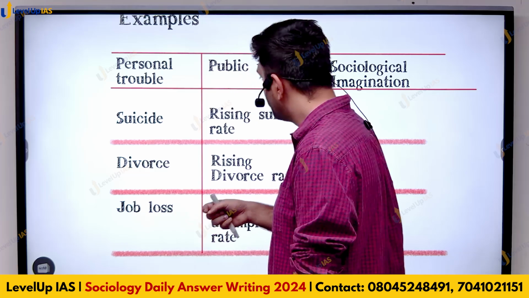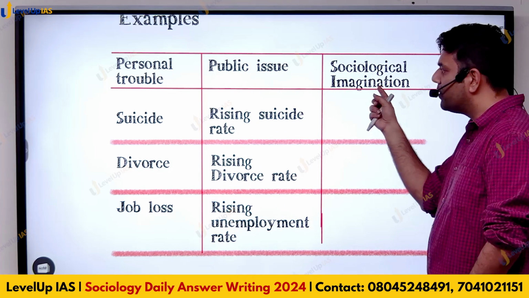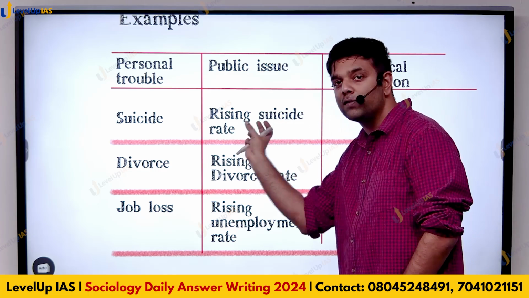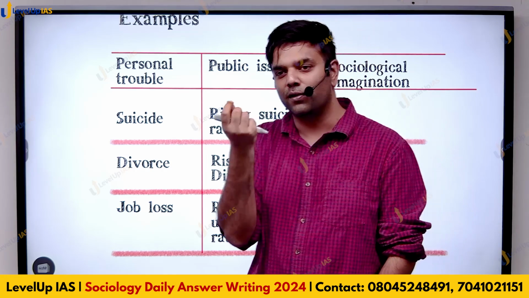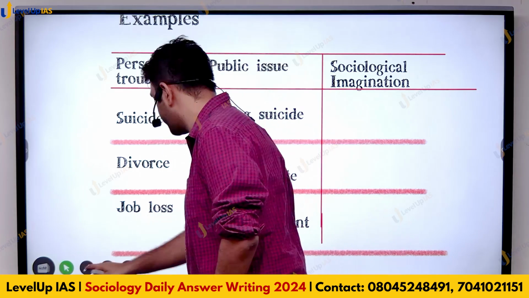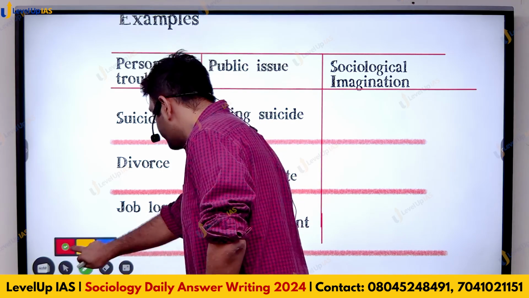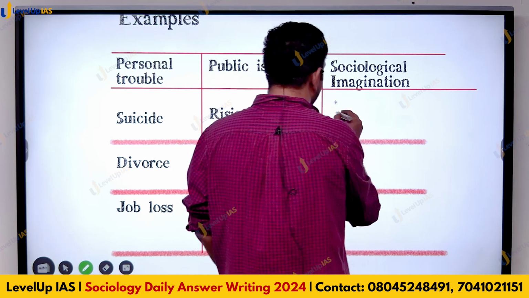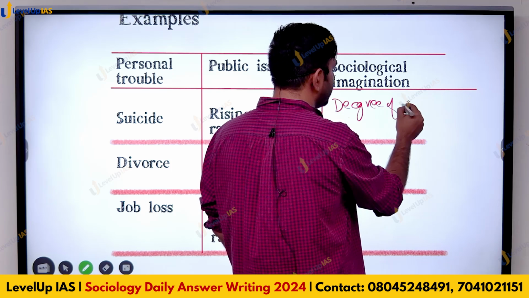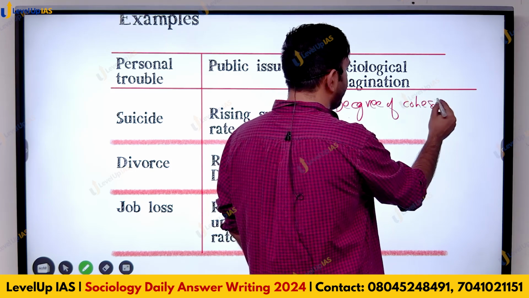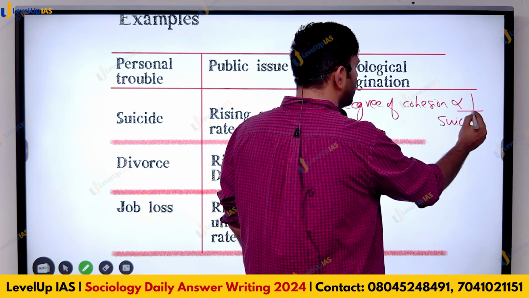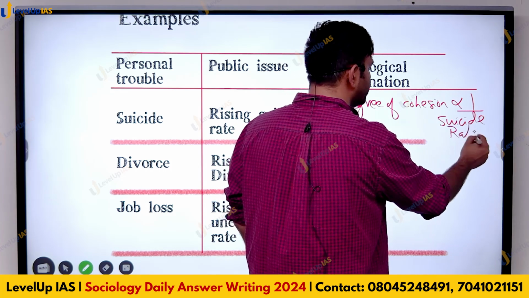Okay. So, sociological imagination: Durkheim would clearly say suicide rate is rising because of lower collective consciousness or lower degree of cohesion. And he clearly said, degree of cohesion is inversely proportional to suicide rate.